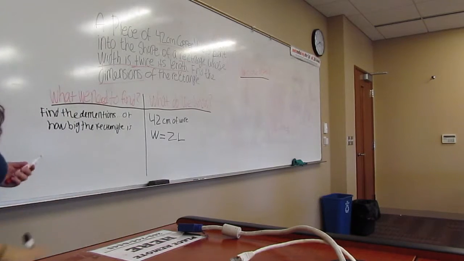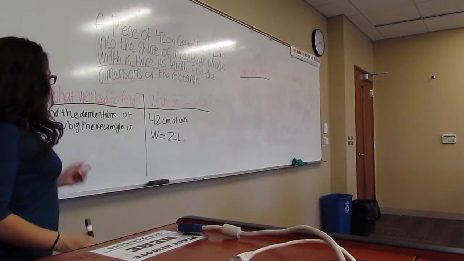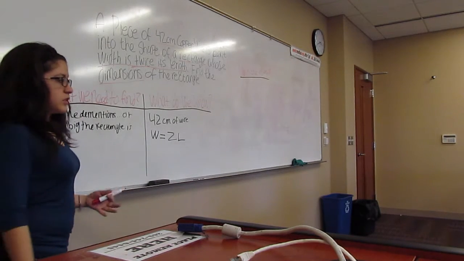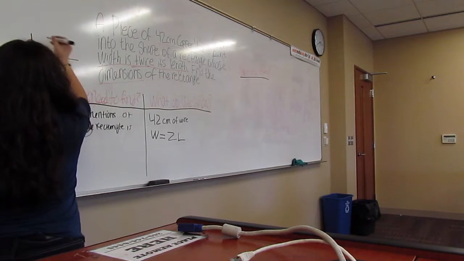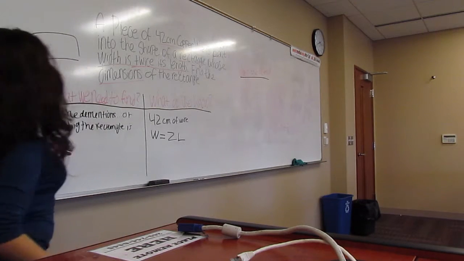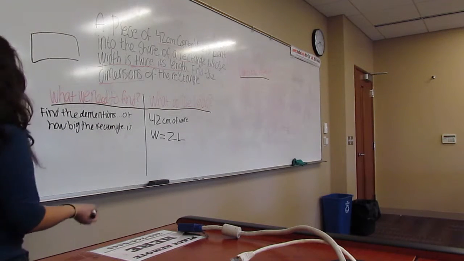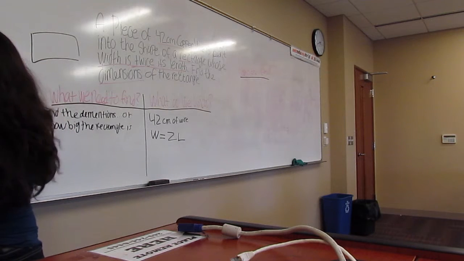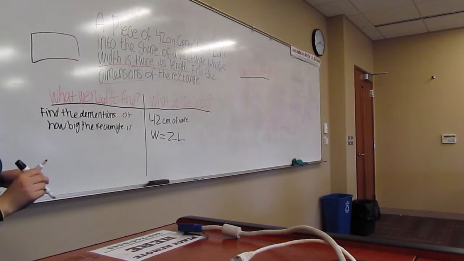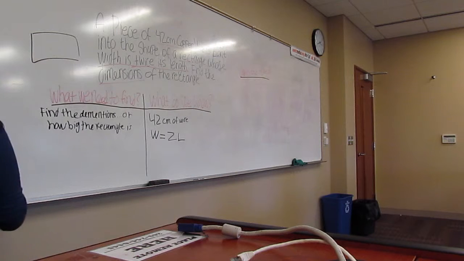What can tell us the size of a rectangle? If we have this rectangle, what tells us the size? Yes, Elizabeth? Perimeter, because you add the length and the width.